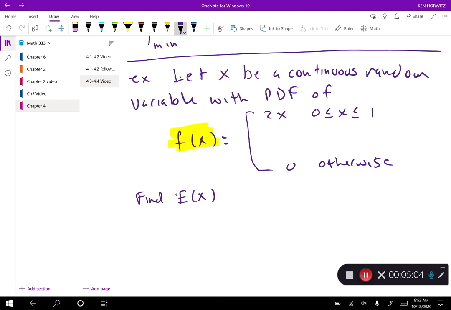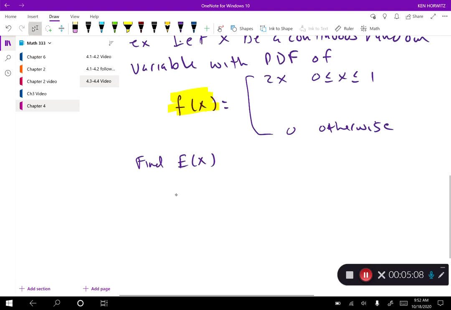All right, I'm going to help you set it up, and then I'm going to leave you to the integral. So we're going to integrate from negative infinity to infinity x times f of x. And then I want to relate it to the problem. So again, our minimum value is 0, our maximum value is 1, because that's where it's defined. And we have x times, and what is our f of x?